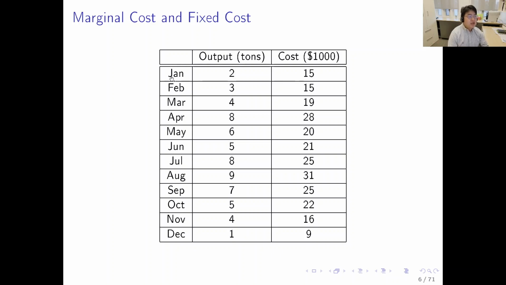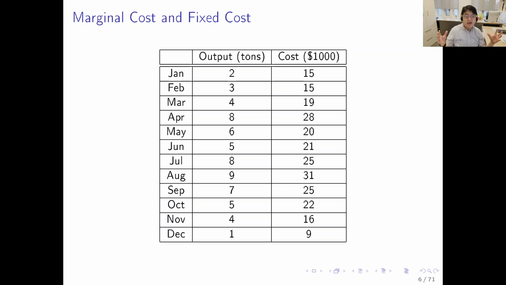So in January, you produced 2 tons of the product, but it cost $15,000. In February, you produced a little more, but your cost is the same. In March, you produced a little more, then your cost increased. So in this way, I assume I observe outputs and costs.